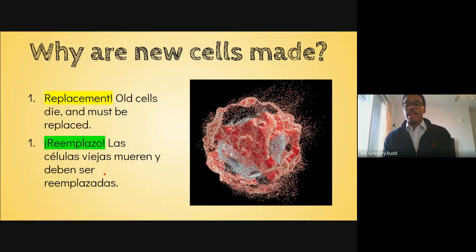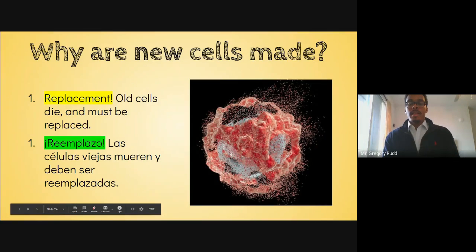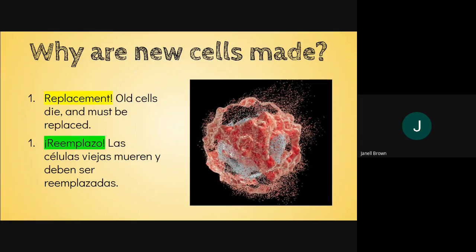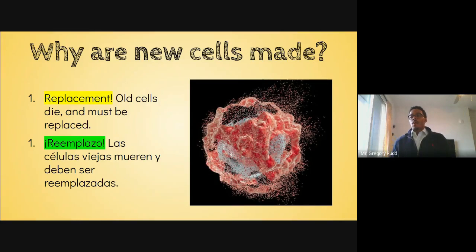We won't talk about it in this class, but old cells die and they have to be replaced. Cells really should die. And in fact, if they don't die, that can become a problem for the body. We'll talk about that later on. But we make new cells in order to replace those older cells.